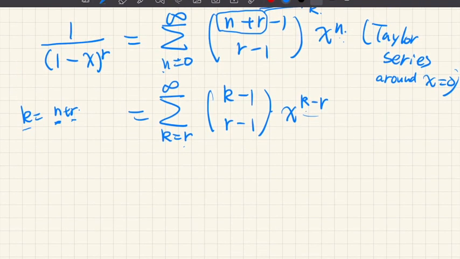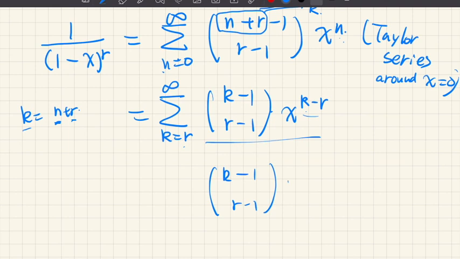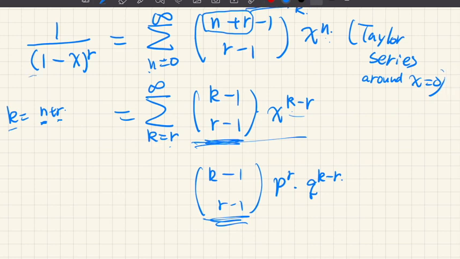So if you compare this with the probability distribution function for the negative binomial distribution, that is k minus 1 choose r minus 1, p to the r, q to the k minus r. See, this is the coefficient of the negative binomial distribution.